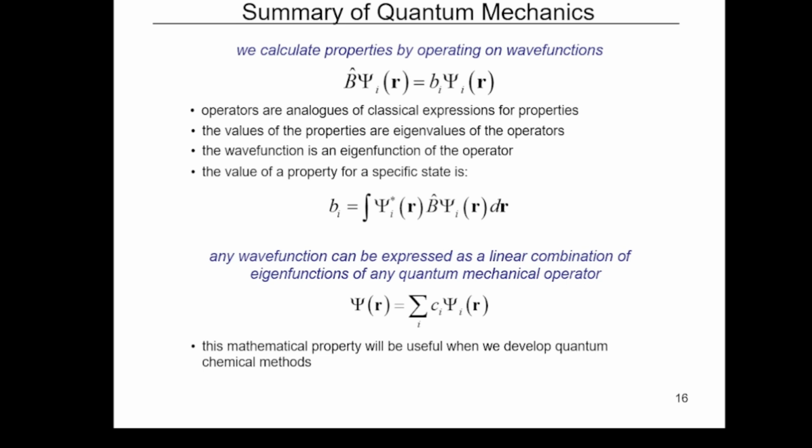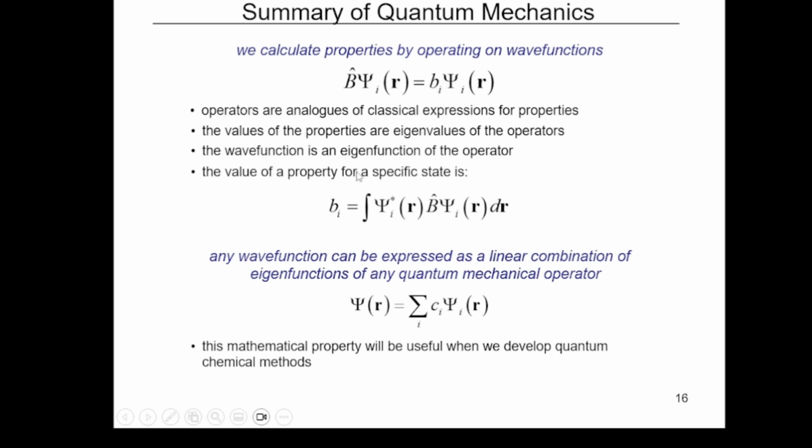So we can calculate properties by operating on the wave function. Operators are analogous to classical expressions for properties. The values of the properties are eigenvalues of the operator. This wave function is an eigenfunction of the operator.